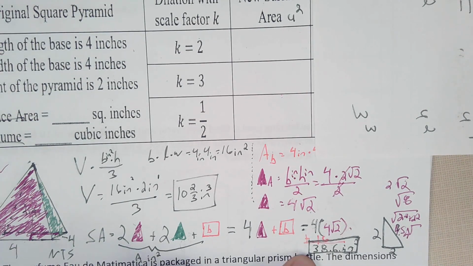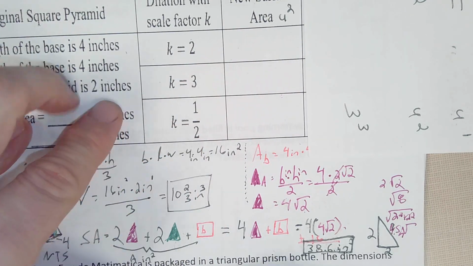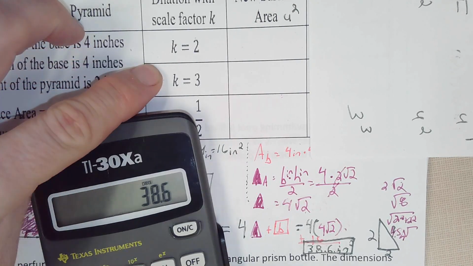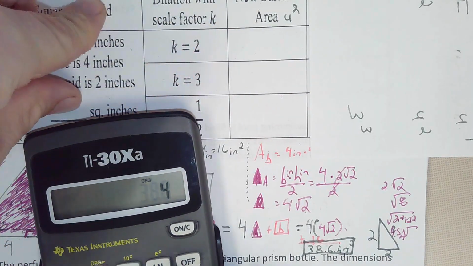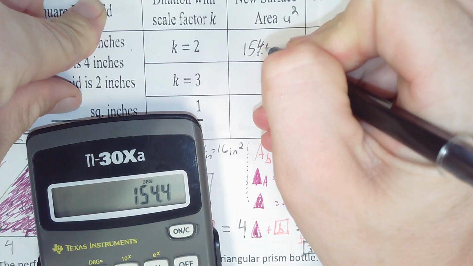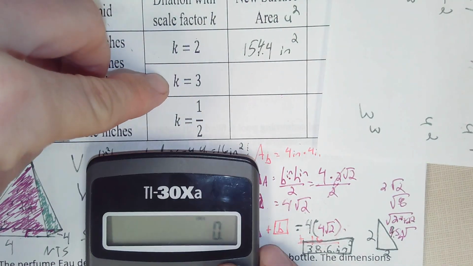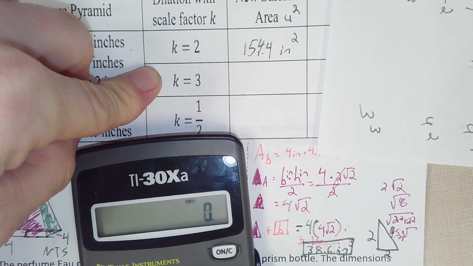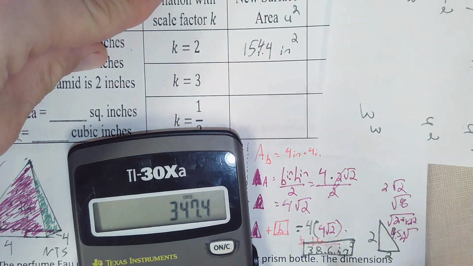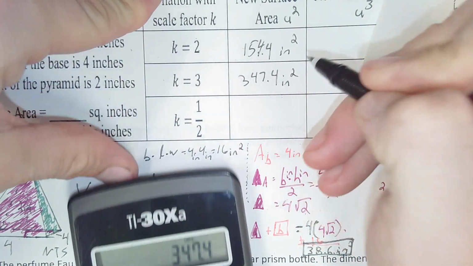Okay, so we're going to take 38.6 and multiply it by our scale factor squared. Okay, so 38.6 times 4 is 154.4 inches squared. 3 squared is 9, so 9 times 38.6 equals 347.4 inches squared.